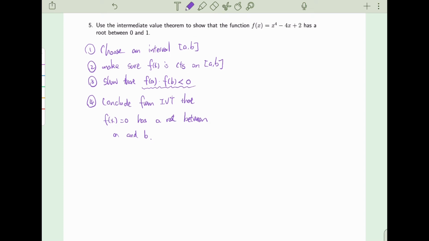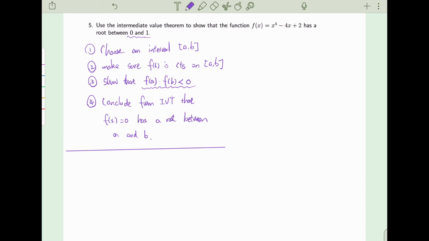Okay, so that is the 4 steps we must follow to use the intermediate value theorem. So now let's do it. Choose an interval. Sometimes the interval is given, sometimes you need to find that interval yourself. In this case, that interval should be 0, 1. Let's try that. If that doesn't work, we will choose another interval.